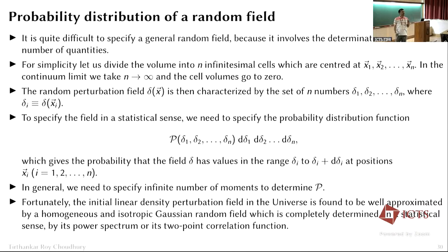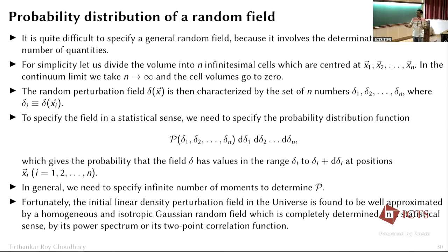So its distribution is Gaussian, and you need to specify only a few numbers. If you are interested in just one value of delta and you know it is Gaussian, you need to specify essentially two numbers, the mean and the variance.